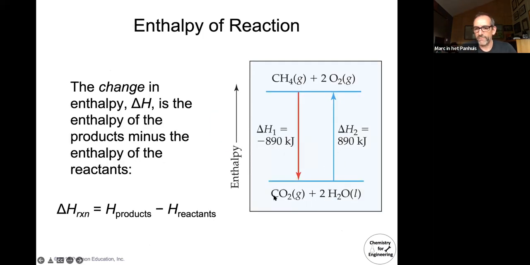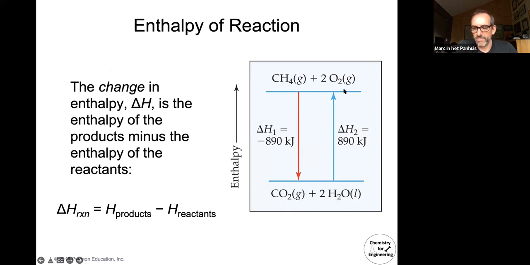Or, if we want to turn our carbon dioxide plus water back into the original reactants, we'll have to put a lot of energy in. We have to put the same amount of energy in to go back. So the change in enthalpy is, as it says, the difference between the products and the reactants.